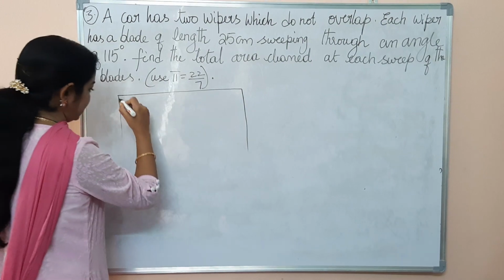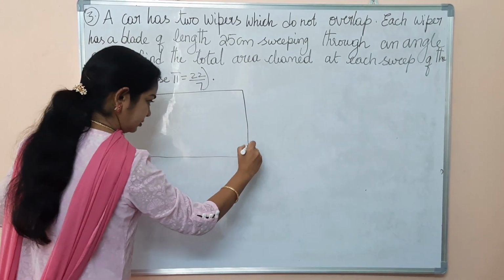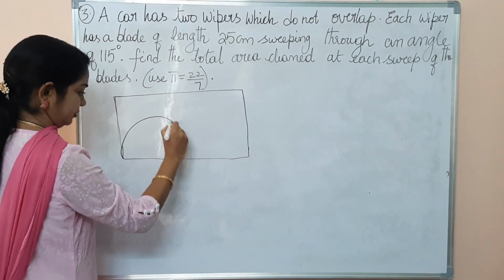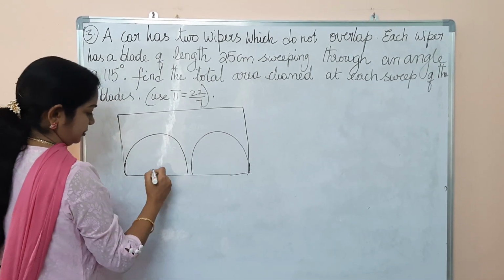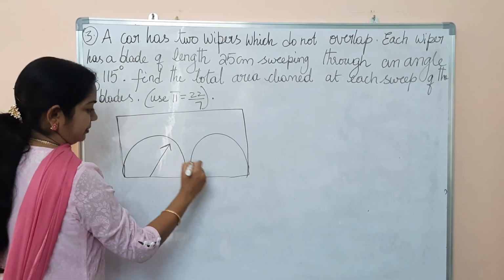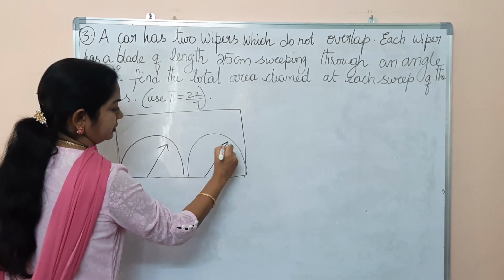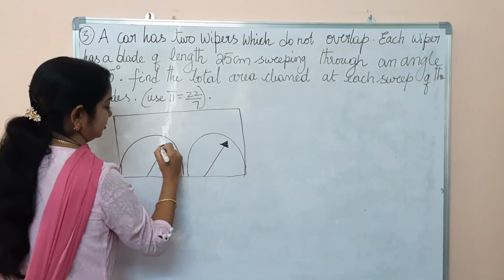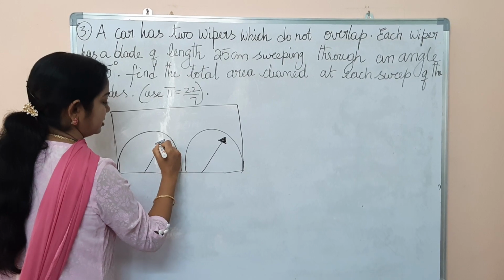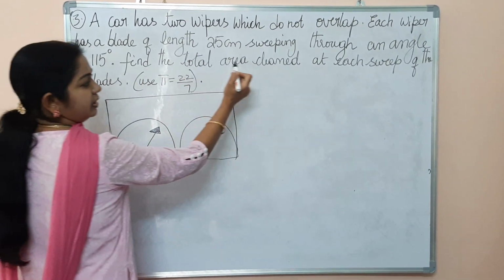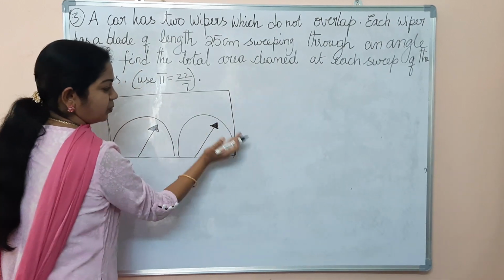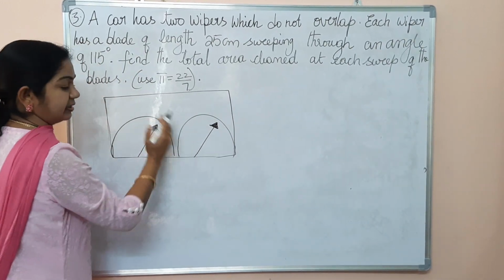Let us assume this as the car window pane. This is the area. Let me take one wiper here, the other wiper. They are simultaneously working. So, find the total area cleaned at each sweep. For one sweep, how much area it cleaned?